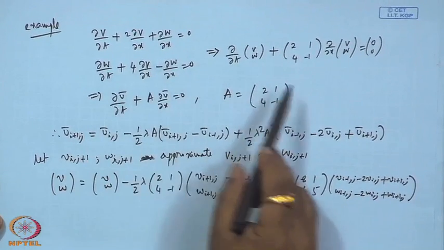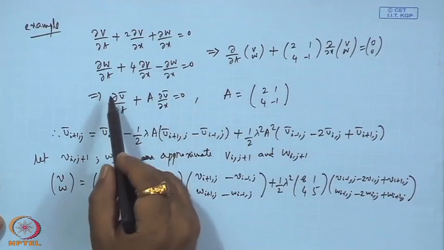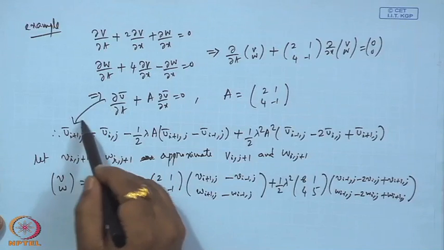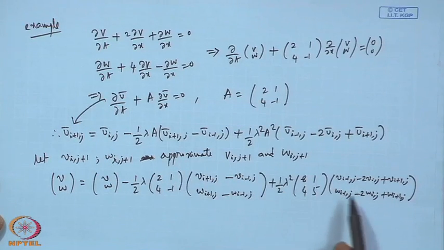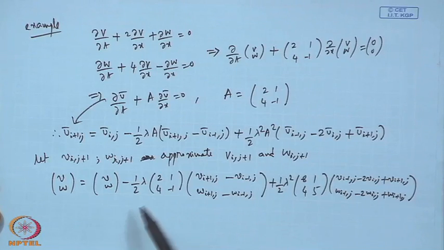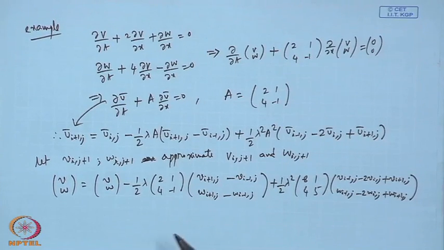So, if you consider such a system, making use of the approximation for this system in a general notation, we get each component and one can solve them. Okay. So, this is a simple example. However, if you take a real numerical example where you have coupled hyperbolic systems, it would be better to write a code and implement, so that one can understand better.